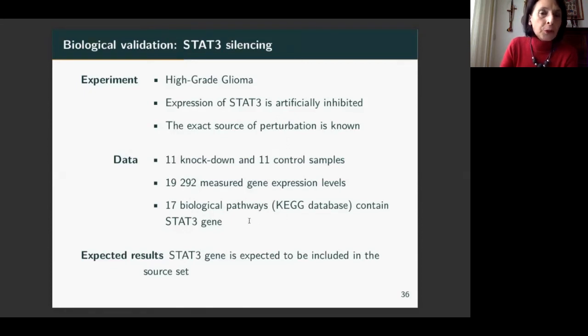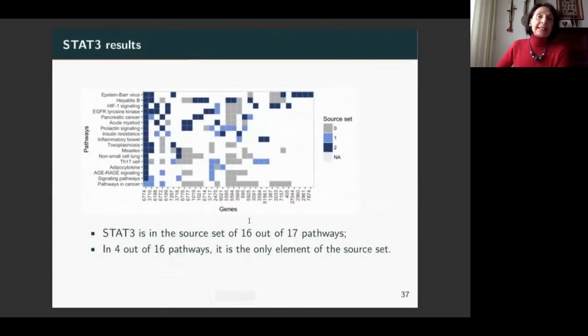What we hope to do is to retrieve this gene in the source set, which is actually what happens, because in 16 out of the 17 pathways, STAT3 belonged to the source set, and in 4 out of 16, it is actually the only element of the source set. So indeed, the tool seems to be working appropriately.